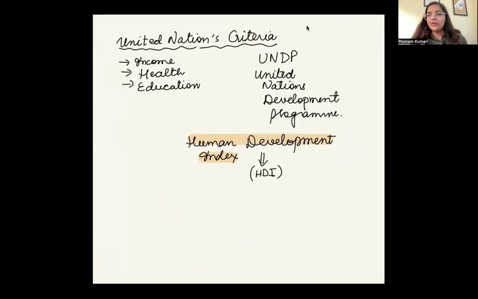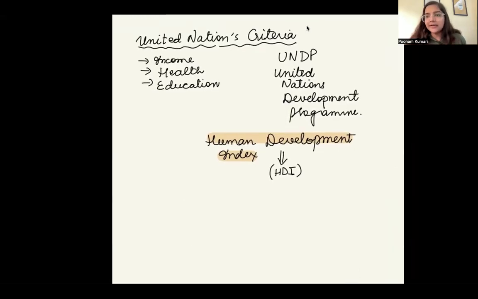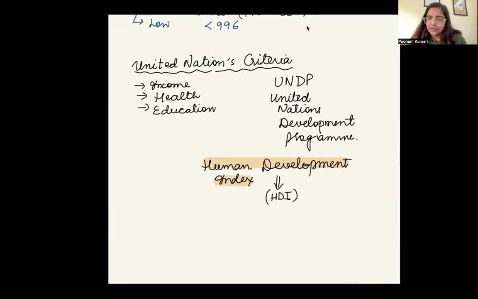But for now, what you have to understand is, by the United Nations Development Program, this Human Development Index is calculated. There is a particular methodology of calculating it. There are a few factors which are taken into consideration apart from income, like health and education. Now health and education have many different factors that are combined to calculate this. So you have also checked income, you've also checked health, you've also checked education attainment.